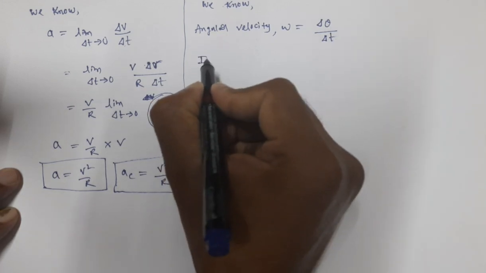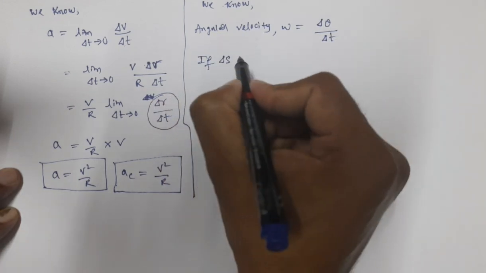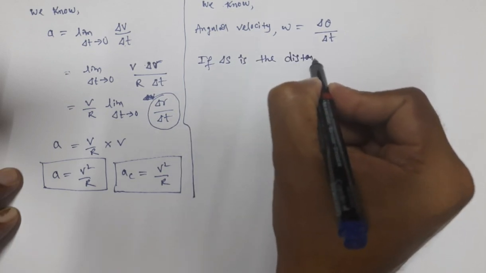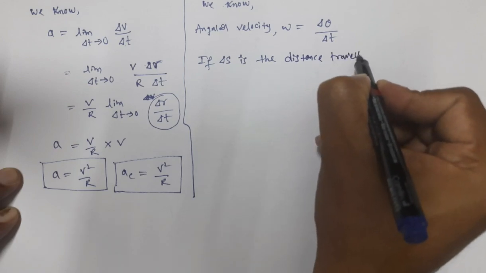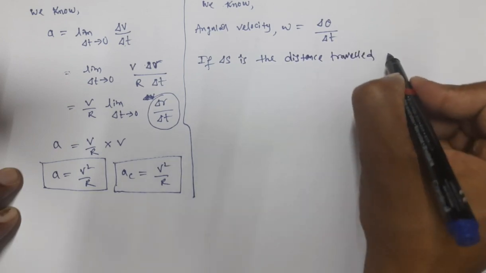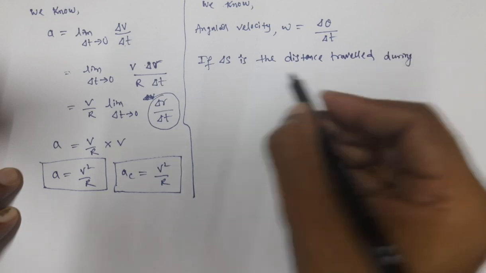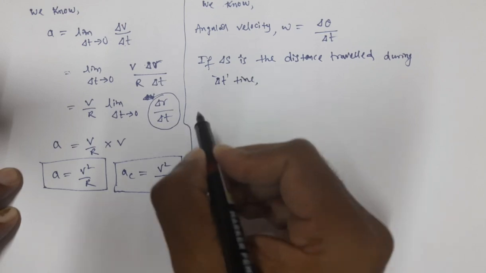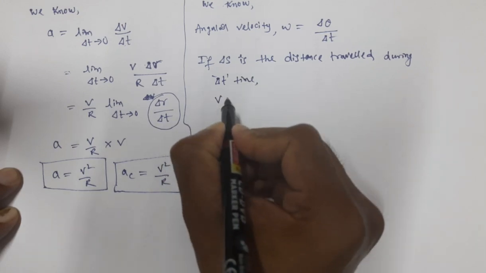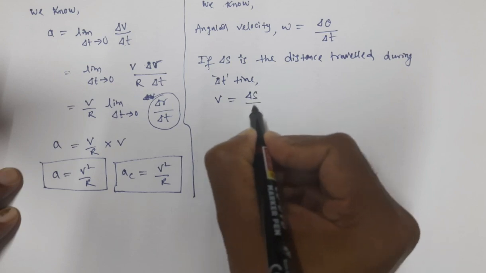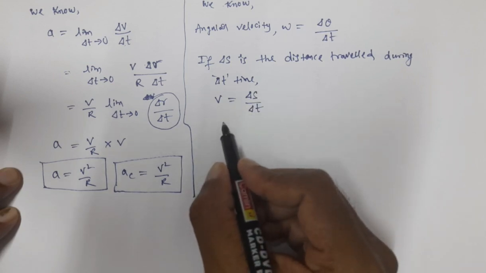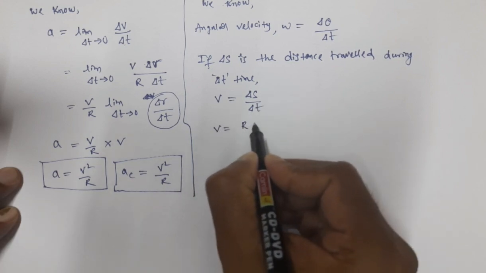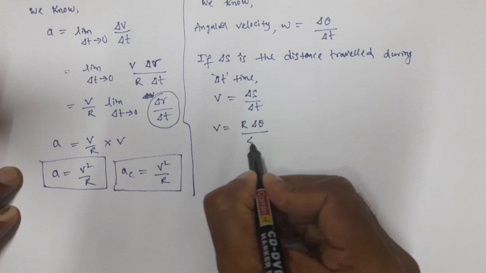And let us write, if delta s is the distance traveled during delta t time, now we can write speed is equal to delta s by delta t. So delta s, this is nothing but arc length, right? So arc length can be written as r into delta theta.